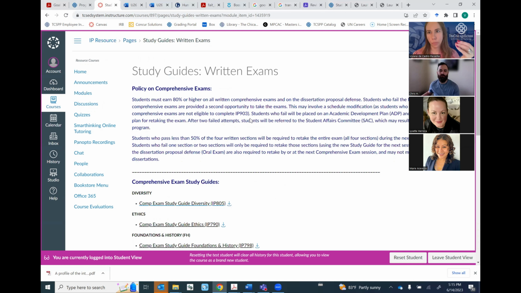You need to pass your written comprehensive exam, and you need to pass your oral proposal defense, which is part of the comprehensive examination, and also get IRB approval in order to move to IP 903. Okay, that is when students do the data collection of their studies.